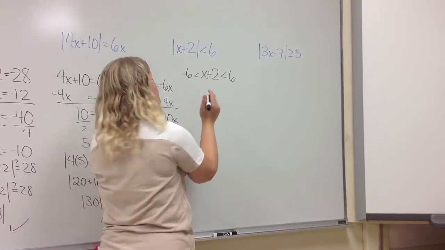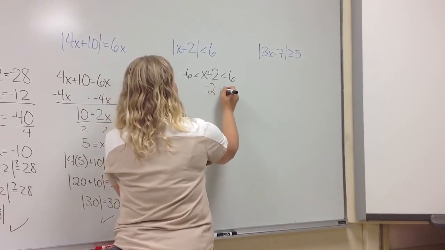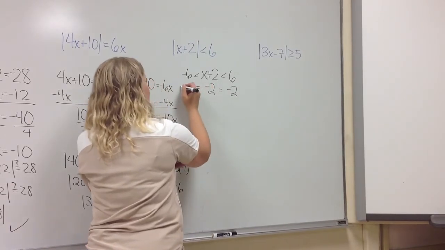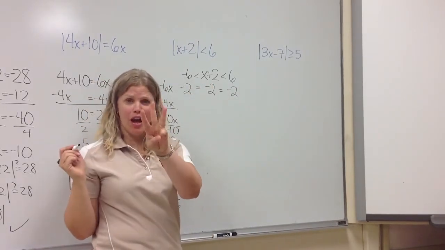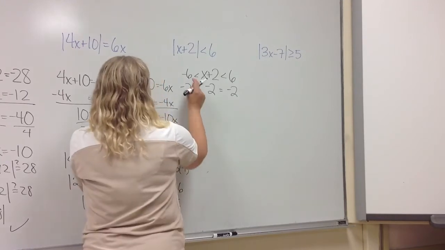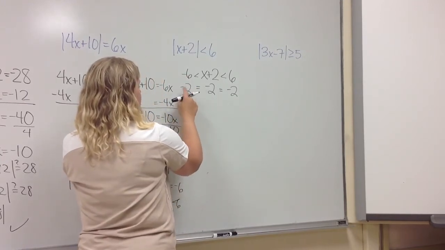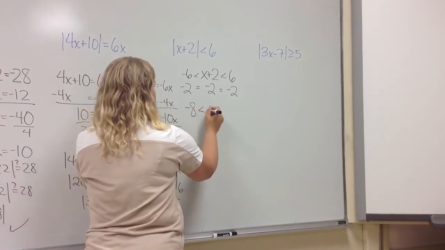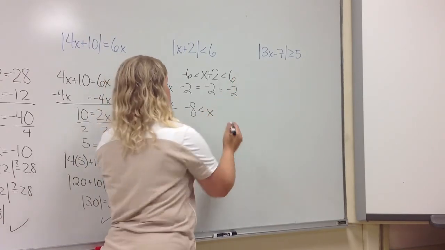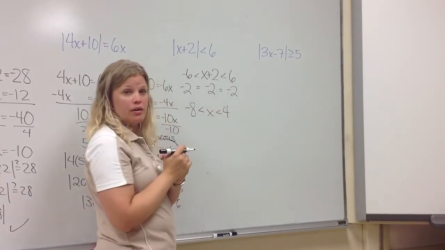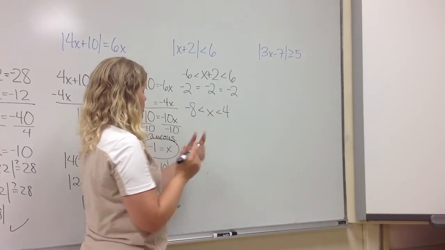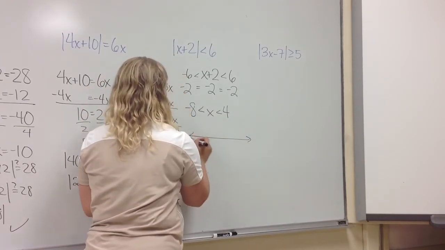Get rid of the 2. So we're going to subtract 2, and we have to do it to every part, but this time we've got three parts. How crazy is that? So what is -6 minus 2? It's -8. What is 6 minus 2? It's 4. Now, these are going to be open circles.